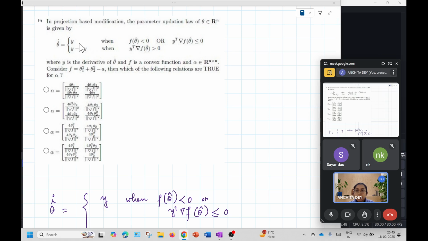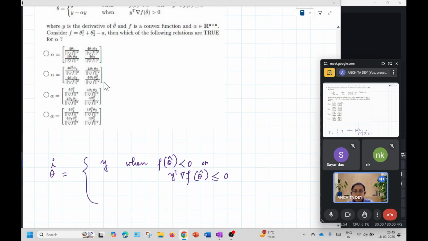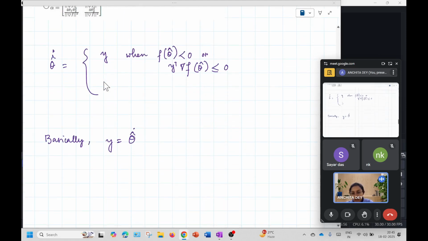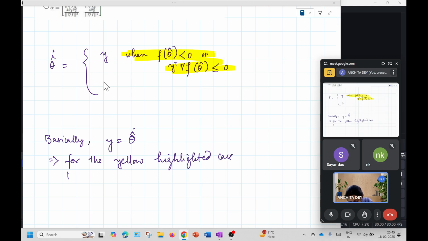So y is equal to theta hat dot, which implies for the first case, the yellow highlighted case, there is no modification, right?